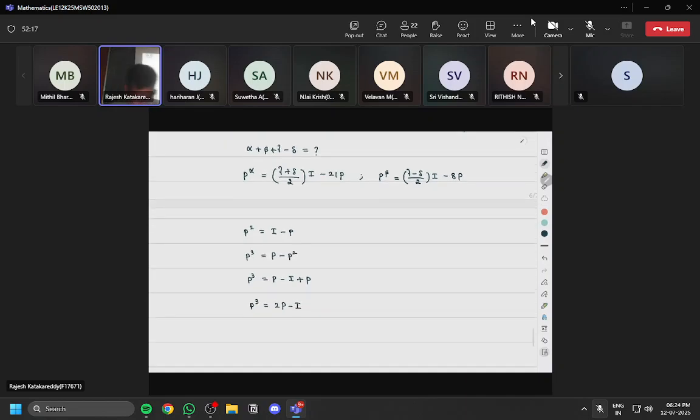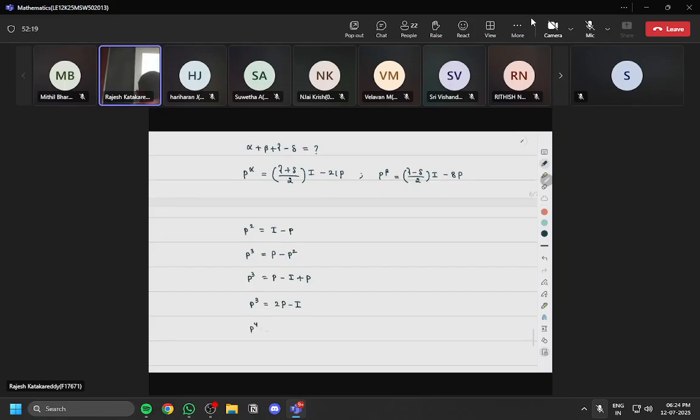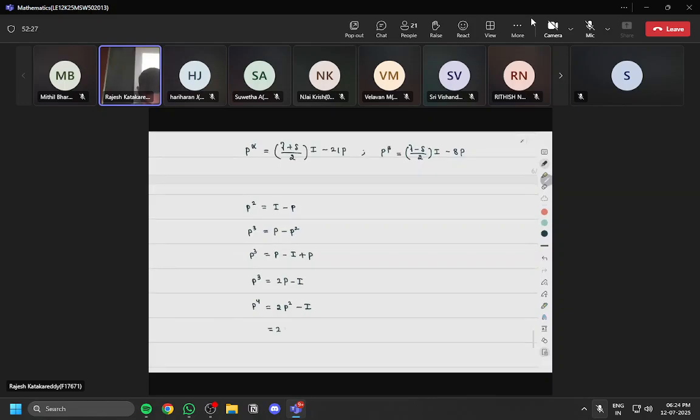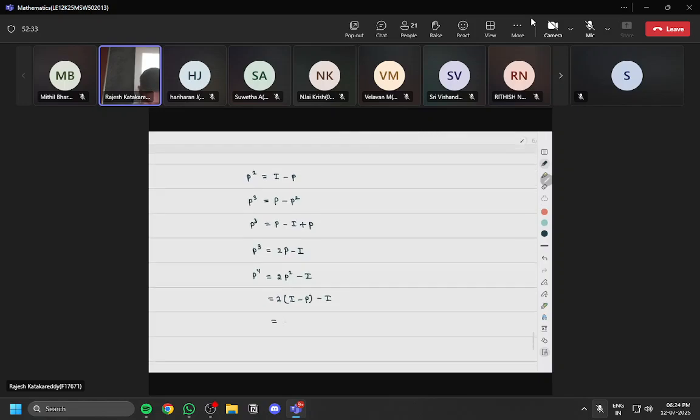Maybe P power 4: 2 times P square minus identity. So how much is this? You will get 2 times identity minus P minus identity. So this is I minus 2P.